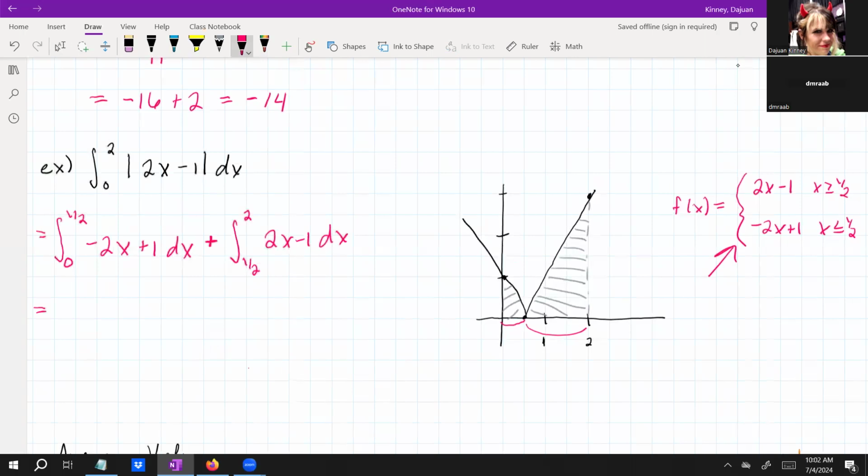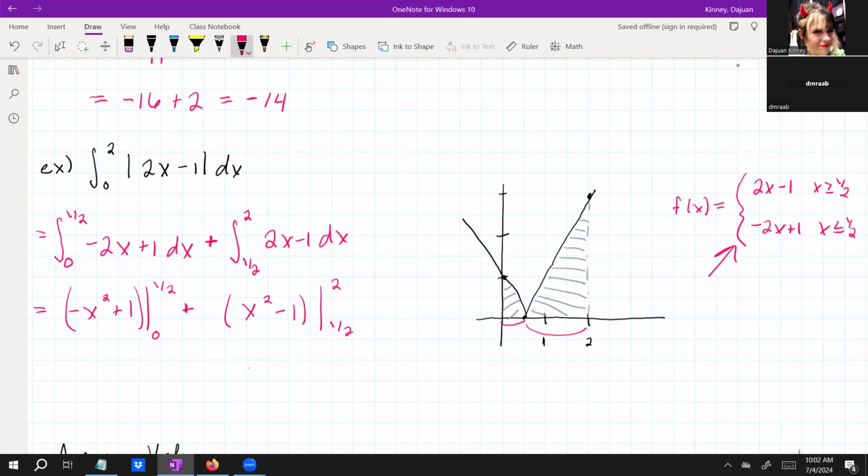Just be careful. Okay, so I get negative x squared plus x, and my limits go from 0 to 1/2, plus, let's parenthesis that, x squared minus x, 1/2 to 2.